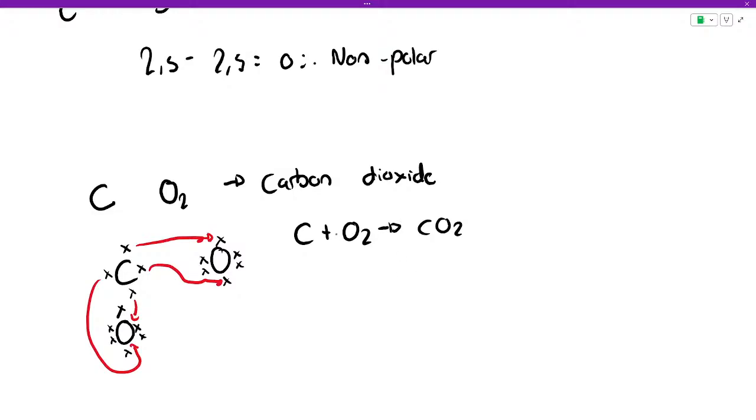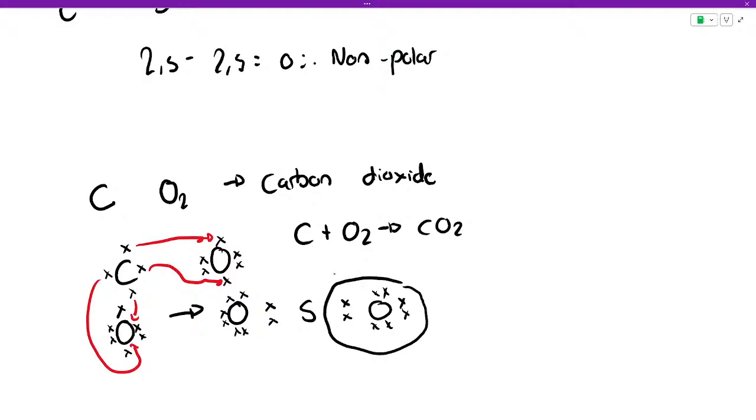When you burn carbon in oxygen, you do get carbon dioxide. But if we take this further from here, carbon, oxygen, oxygen, we know that it's going to look something like this here.